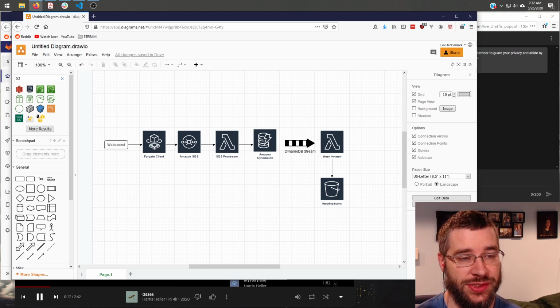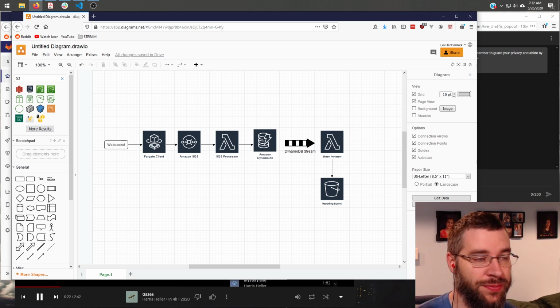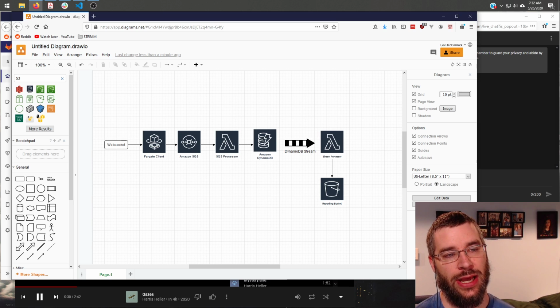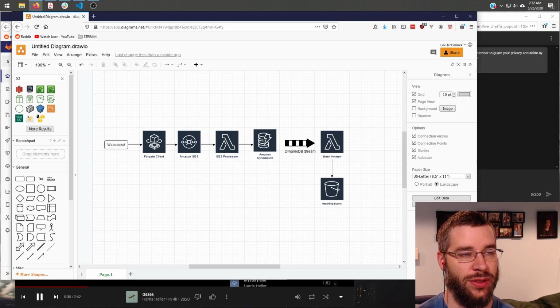Okay, that is essentially our architecture. So now that we have it laid out in kind of a diagram, you can start looking at the different pieces and start to understand where you would maybe draw service boundaries, or at least deployment boundaries.